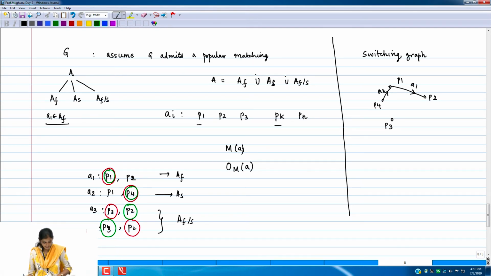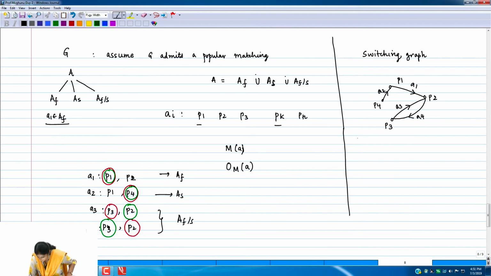It has its red matched partner as P3 and its OM is P2. So P3 to P2. What about A4? So this is A3 and this is A4. Is this fine? So this is how I will construct the graph.